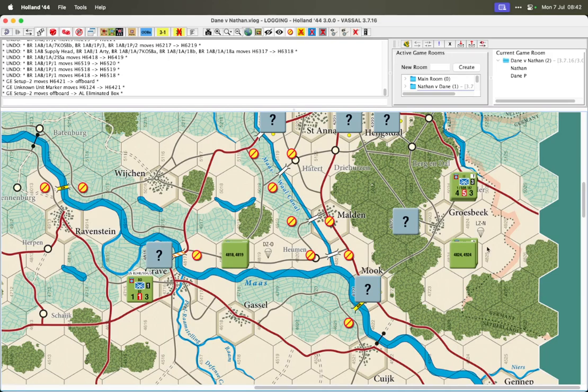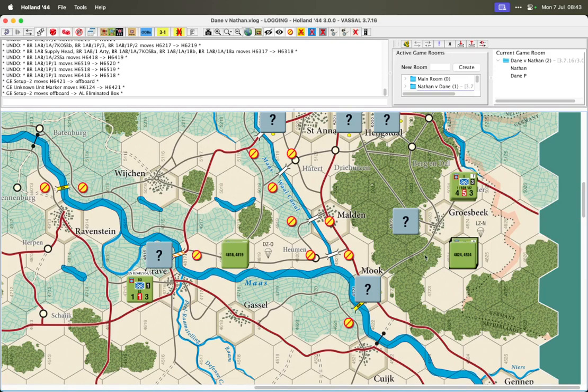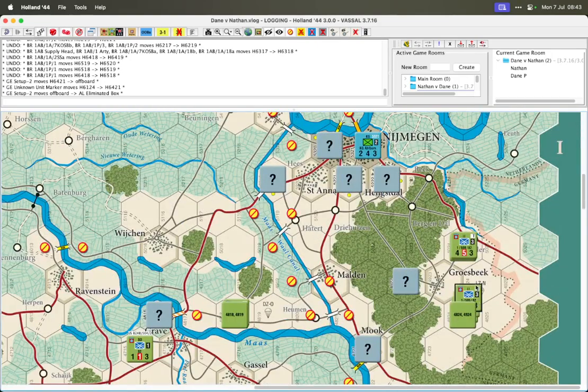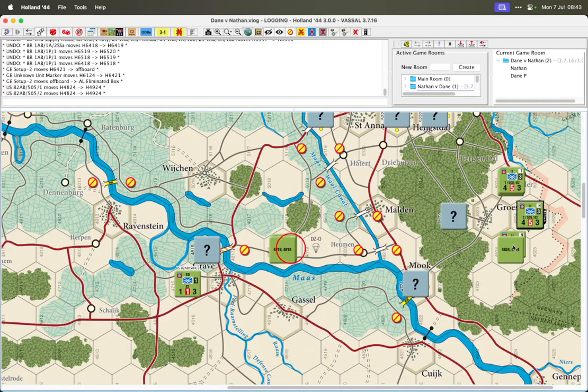I get it. Okay. I would say 3, 3, 3. Yeah, just split them in half. That's what most people do. And then you can remove that marker with the numbers on it from the game. Then you have to do the same thing over by the Grave Bridge, because it's got 3 over 2 hexes.